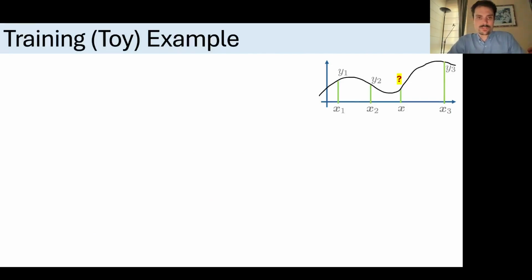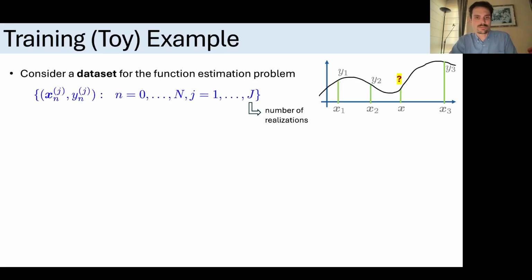Now, just for completeness, let's see how one would train an attention operator to solve this function estimation problem. This is just to get some more insight. Suppose that we are given a data set with j realizations, so we have one set of n plus 1 observations per realization of the function f.